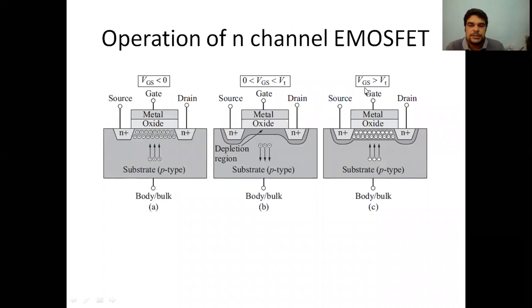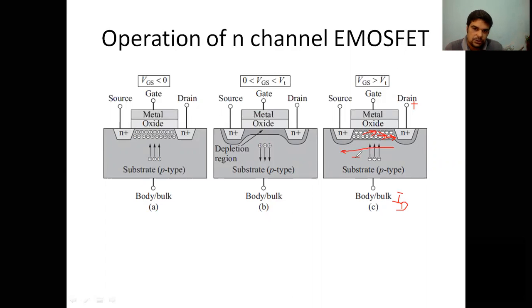Now, as VGS is greater than VT, electrons from the substrate will start to accumulate beneath the oxide region, and an N-channel will be formed. And if you apply a positive potential at the drain terminal, these electrons will move from source to drain, and a drain current will start to flow, whose direction will be from drain to source. This is your drain current.